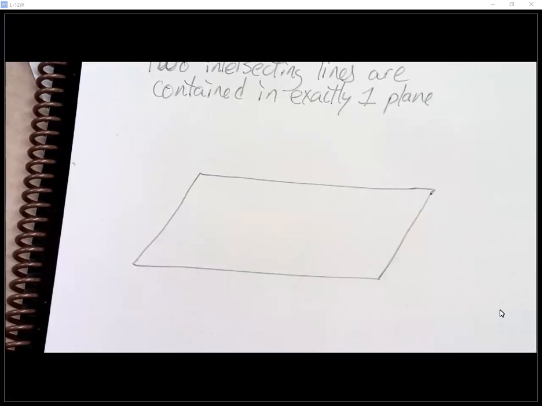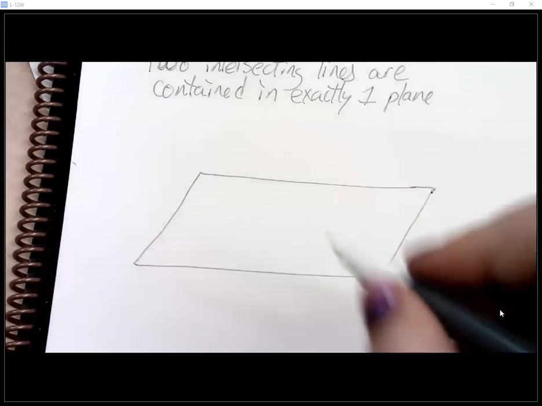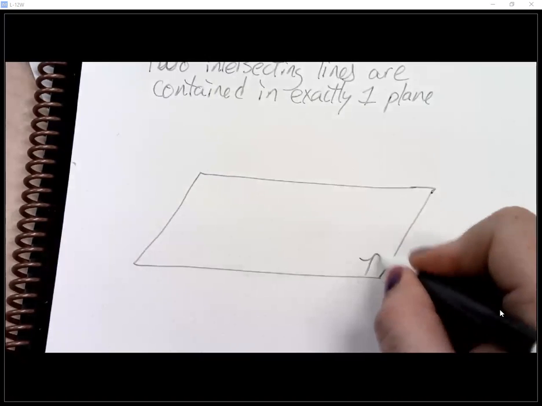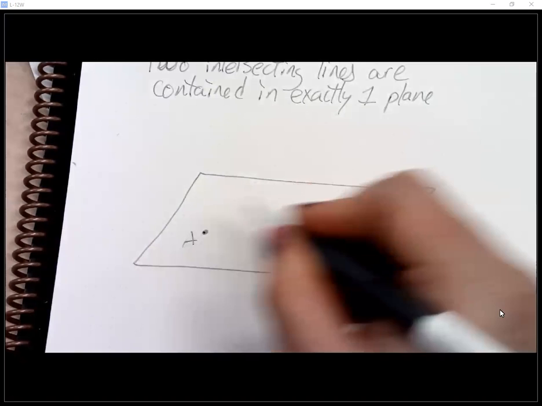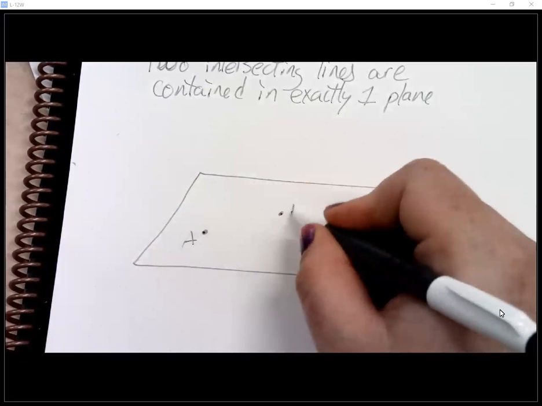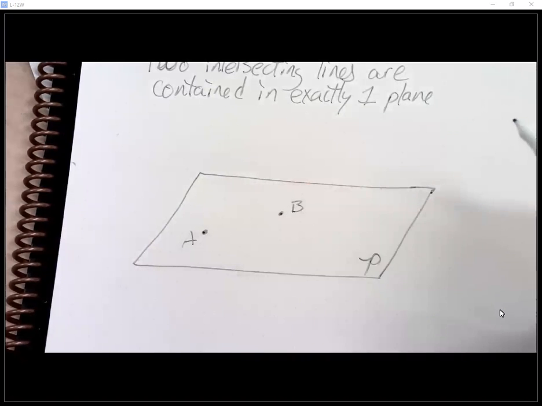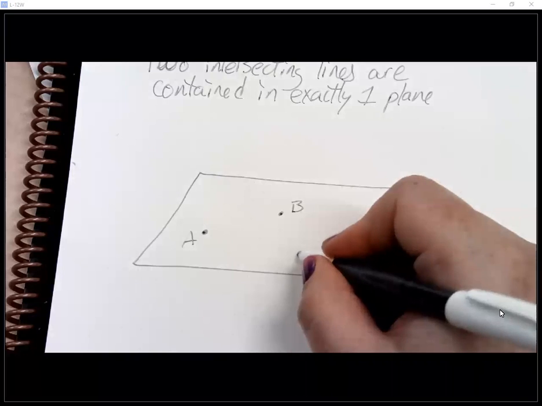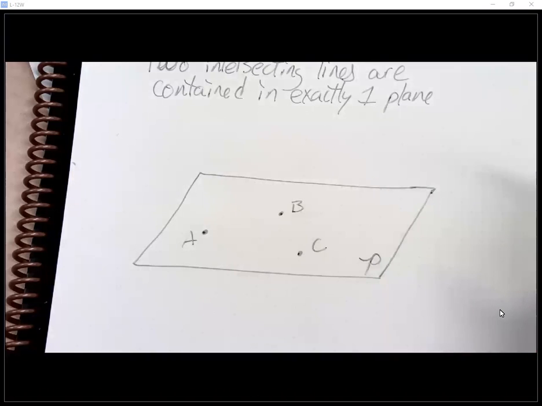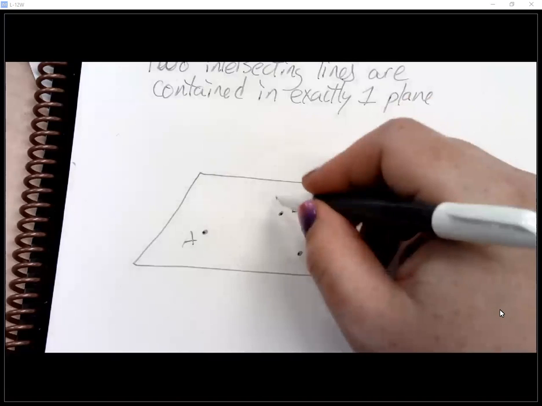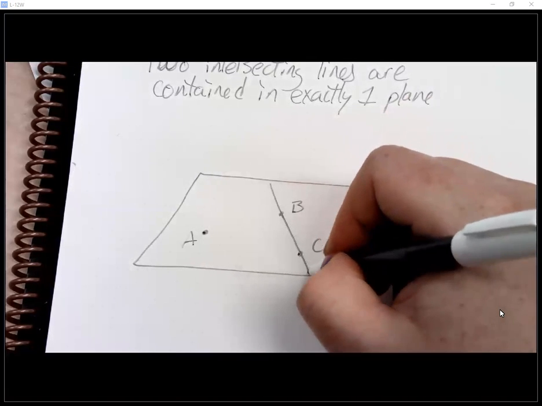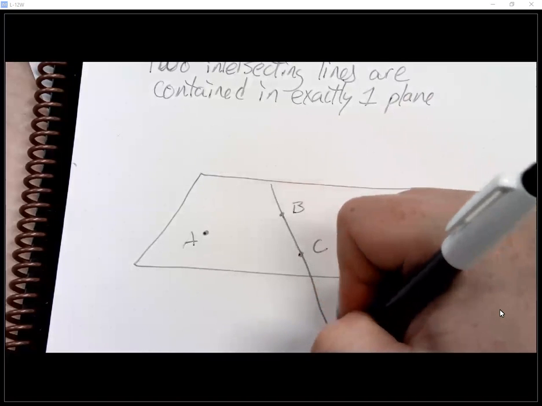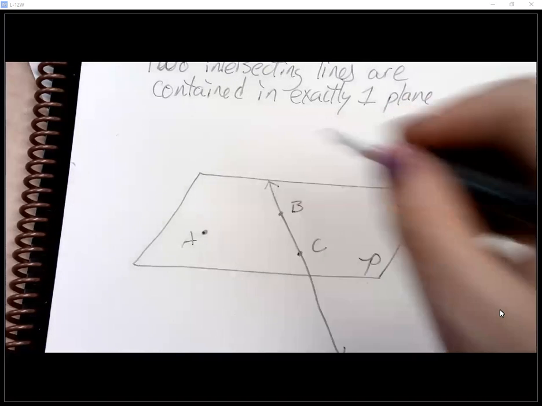Let me do a couple of things. So let's call this plane P, and I'm going to put a couple of points in it. Here's A, here's B. Maybe I'll have a point C. All right, let's try this. D.